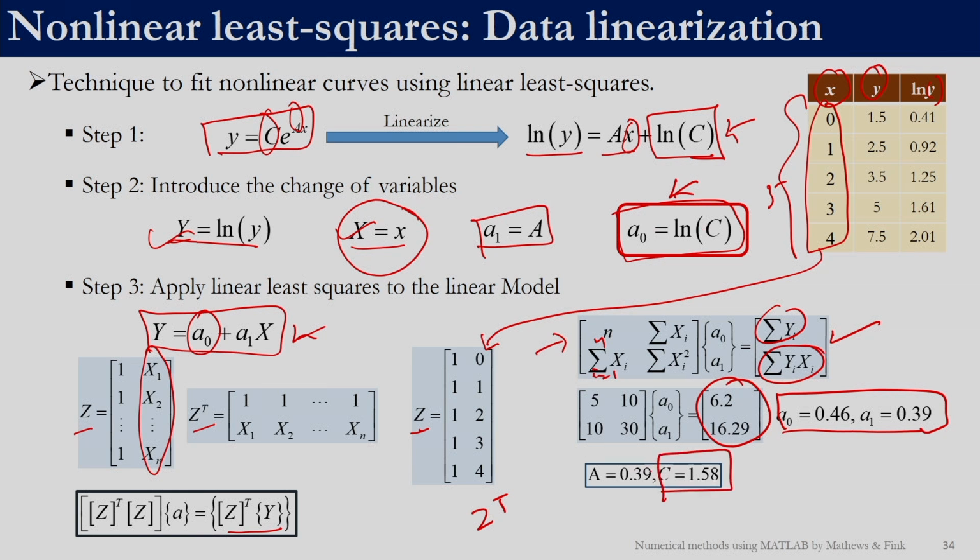And a1 is nothing but the value of the constant coefficient a in this original model, right. So, a is directly equal to a1 because of this transformation. So, a is equal to 0.39, c is equal to 1.58. So, our model is y is equal to 1.58 e power 0.39 x. So, this is our model, right.